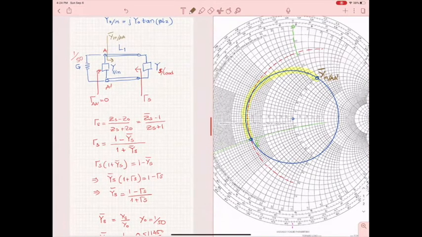And why is it important to stop only where I find the real part of y in at A A prime normalized equal to 1? Because if I add the stub, the only thing that the stub will do is to change the reactive part, nothing else.